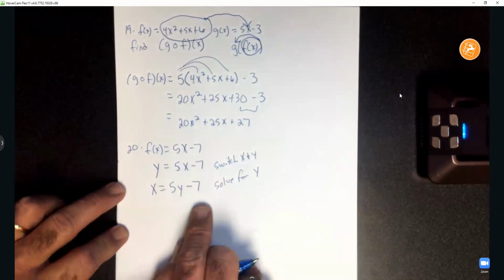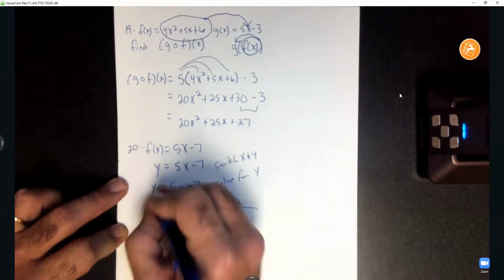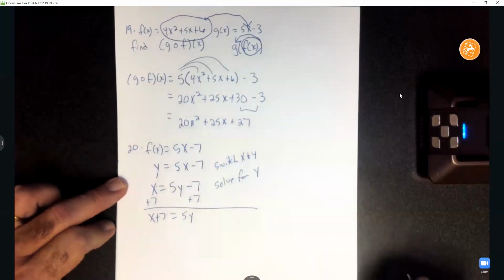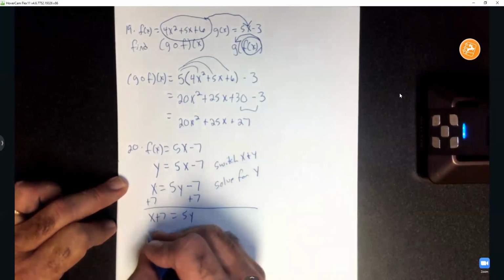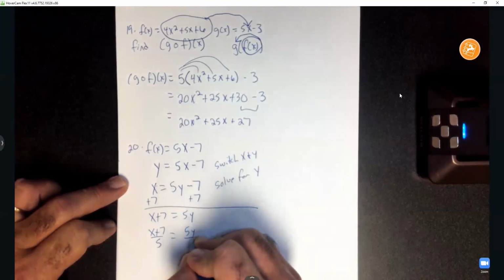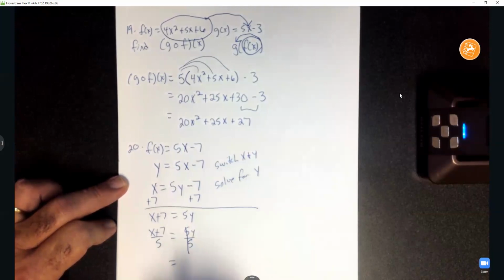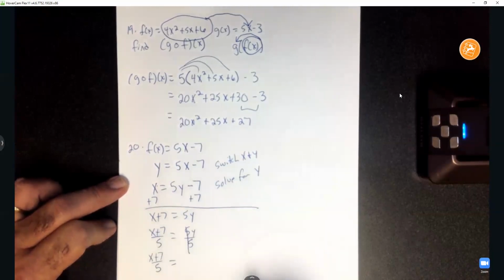So y'all, to solve for y, we're going to add 7 to both sides. So we'll get x plus 7 equals 5y. Now to make that a 1y, we divide both sides by 5. So those cancel, and that's going to stay x plus 7 over 5.